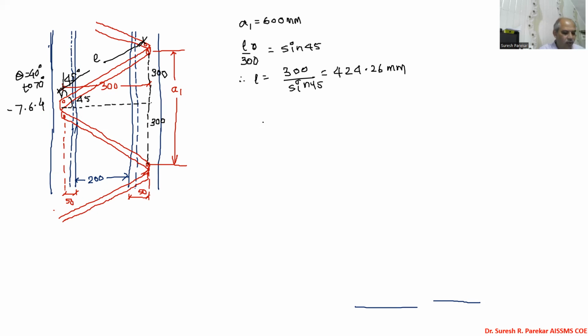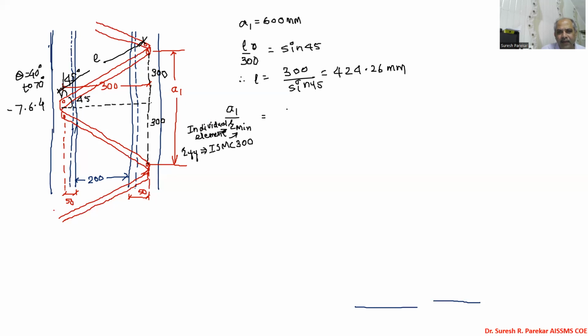So if we go to clause number 7.6.5.1, we have the first criterion, A1 upon r minimum, of the individual element. Individual element means we have this value of r minimum. This is of r yy of ISMC 300.